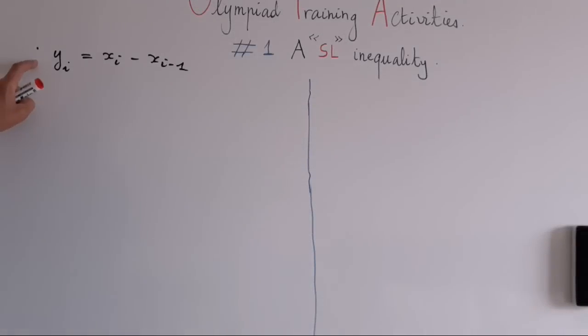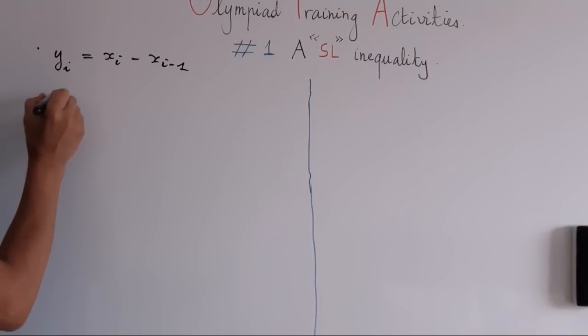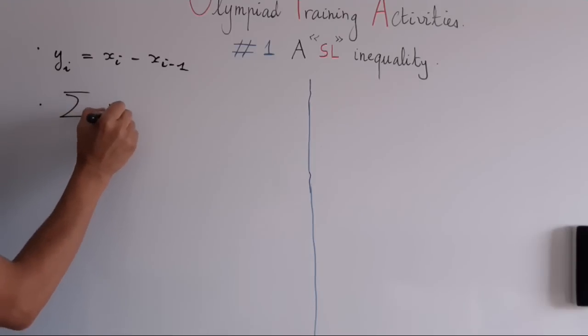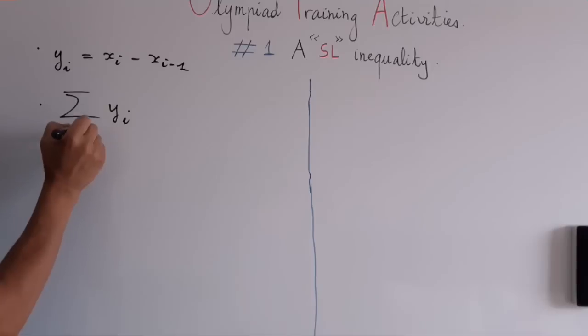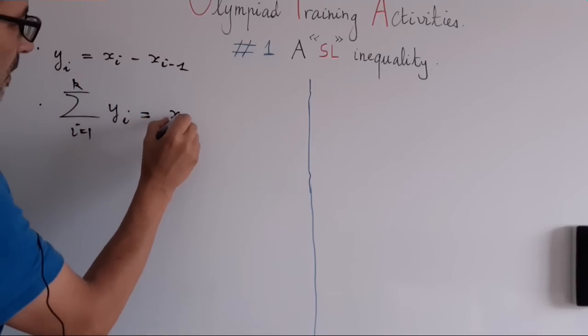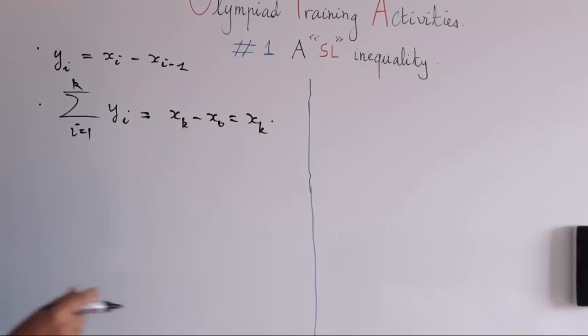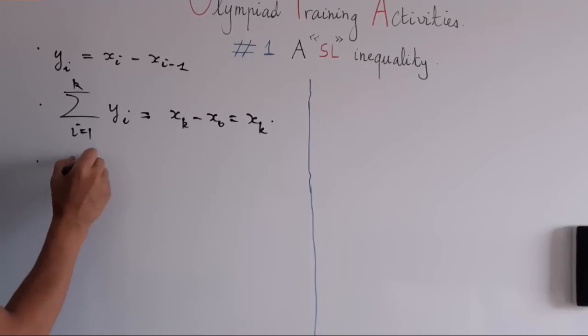Okay, by setting this new notation, we have this sum from i to k equals. So, one can now think to use the Cauchy-Schwarz inequality.